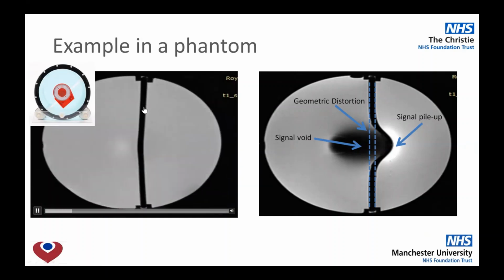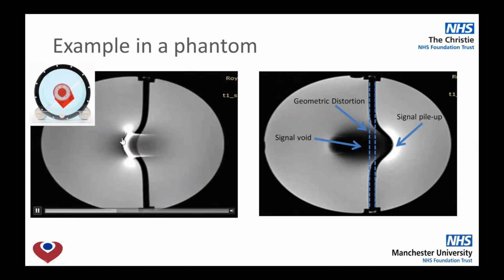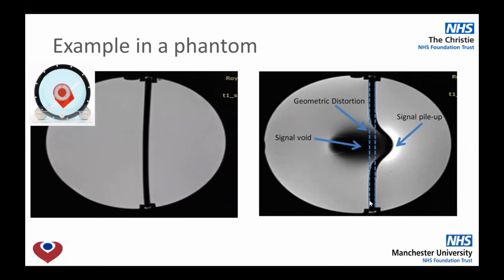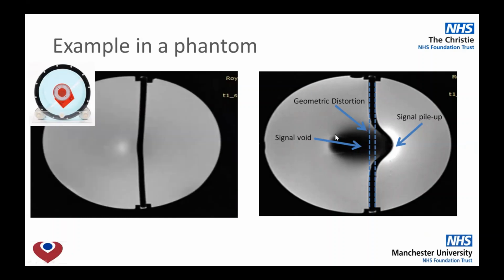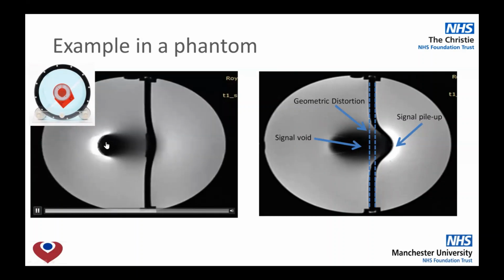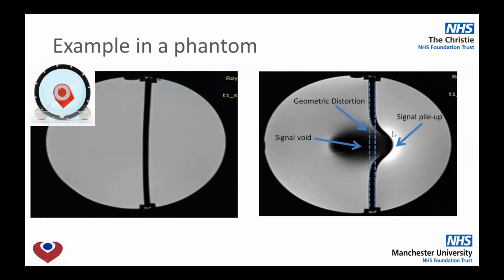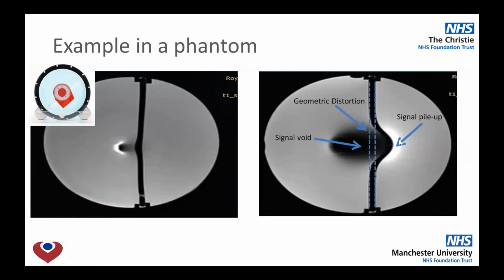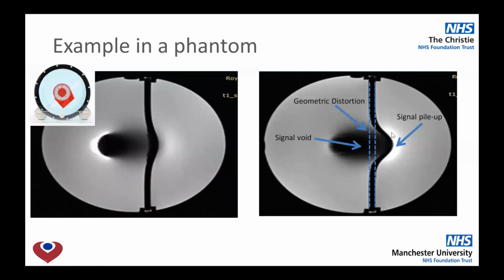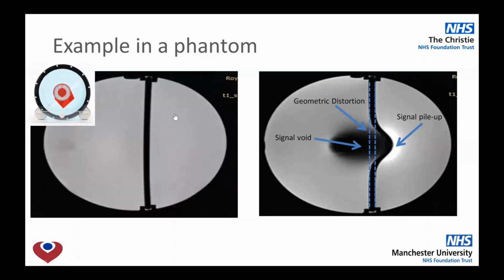So the black line is that perspex sheet, and you can see as you move through the slices and we get closer to the implant, there's a significant amount of geometric distortion experienced by that perspex sheet. Further, the signal void is glaringly obvious throughout, and similarly the signal pileup, which is this extremely bright region of all these extra bright pixels here, is characteristic.